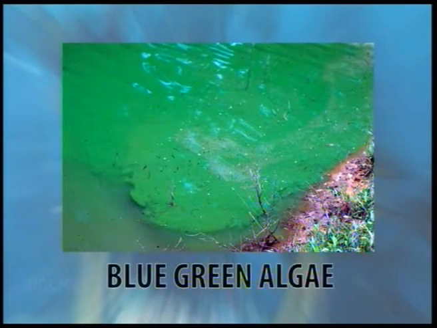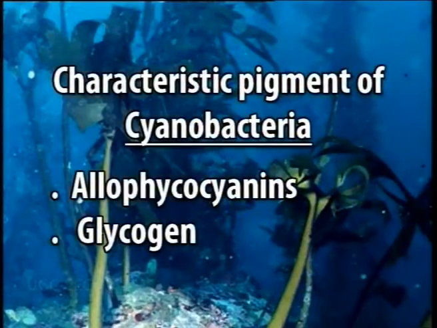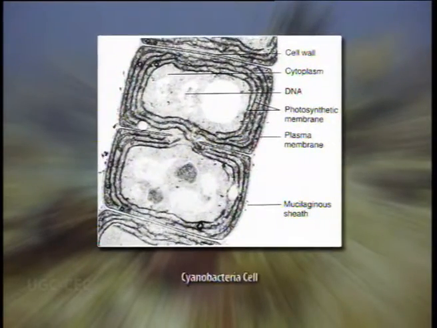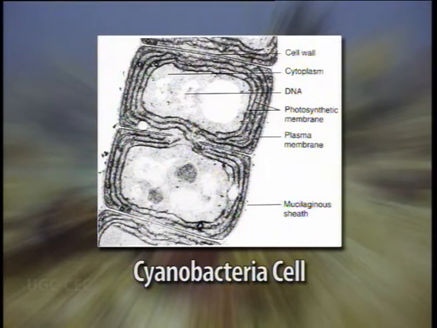As I told you earlier, cyanobacteria are also called blue-green algae, but you must keep in mind that not all of them are always blue and green only; we can have varied other colors as well, but almost half of them are blue-green. Another characteristic pigment is allophycocyanin, and the main storage product in their cells is glycogen, and their cell walls are composed of amino acids and sugars.